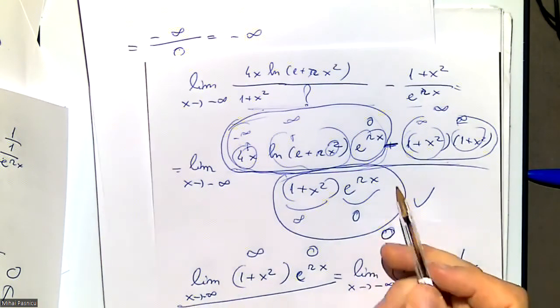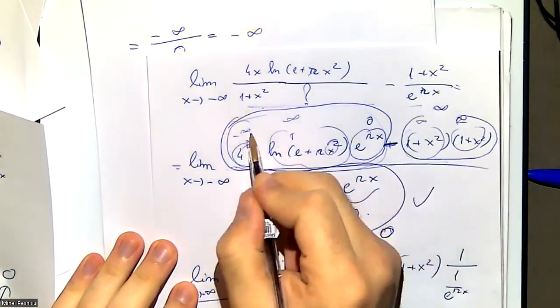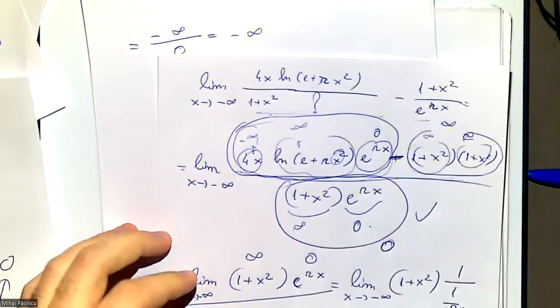Let's agree this is much, much uglier. And now I evaluate it. There's nothing else I can do. I want to apply L'Hopital. In order to apply L'Hopital, I need to evaluate my limit. So I evaluate my limit. And I realized I have an infinity over 0 here. Here I have a minus infinity over 0, so even worse. And here I just have infinity.